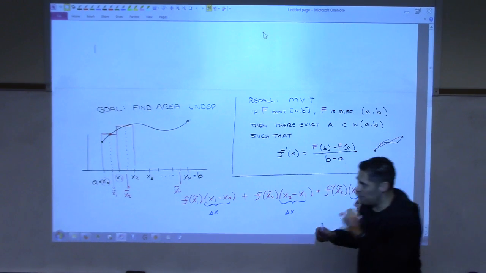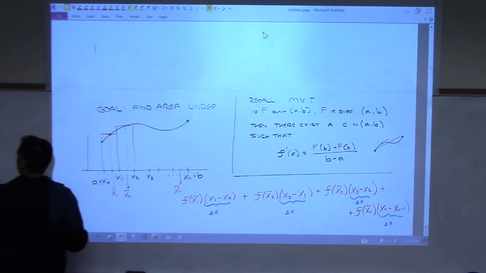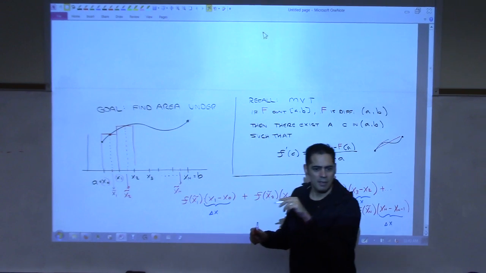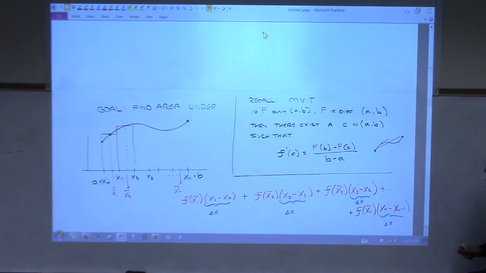Remember when I defined it with integration, we said that capital F is called an antiderivative of little f if capital F prime equals little f. Do y'all remember me putting this up? We said if capital F prime equals little f, then capital F was called the antiderivative.